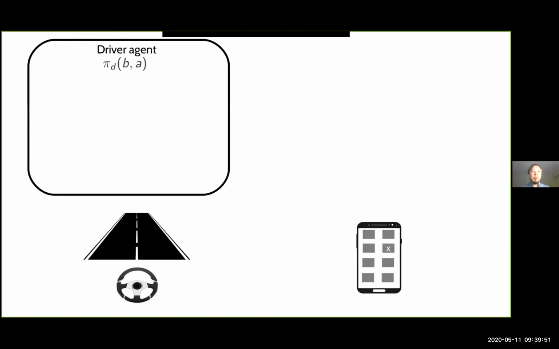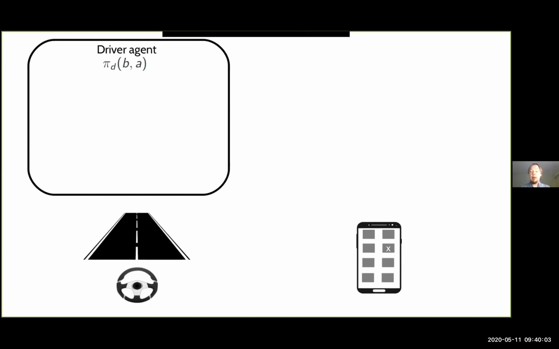So what we did is to define the two tasks. We have a driving task, and then we have an in-car visual search task. In the driving task, the agent, the driver agent, has some sort of a policy, pi. And here you note that I'm using the belief in the policy and not the state of the world.